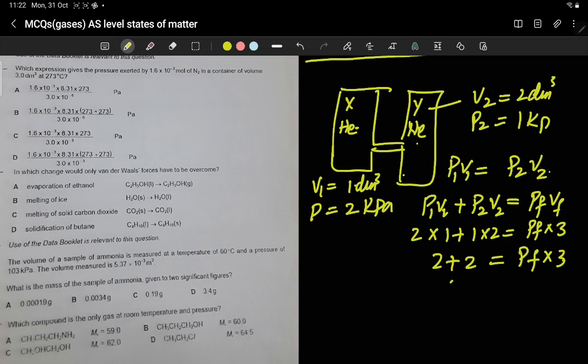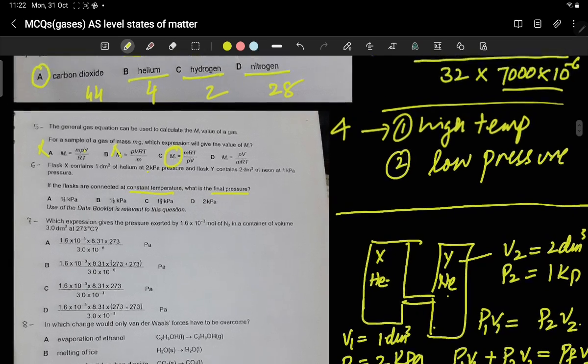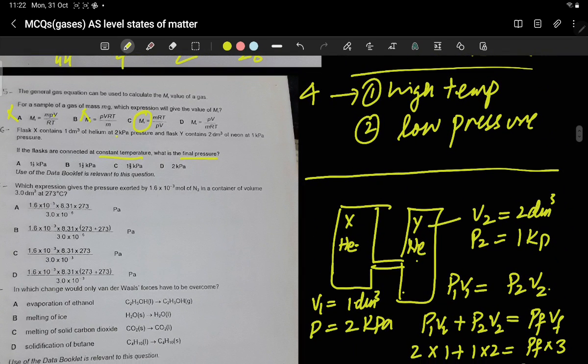So 4 is equal to PF over 3, so 4 over 3 is equal to PF, which is 1 kilopascal. So the answer is A.